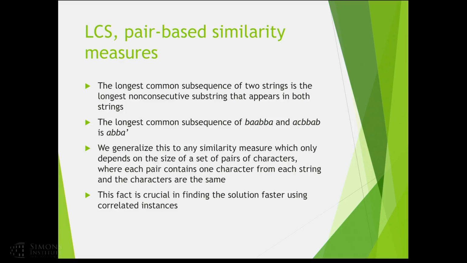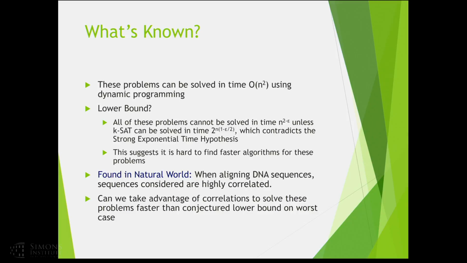And we also look at a generalization where we consider the solution is a set of pairs and a number, which is the value of this set of pairs. We want problems where this value is only determined by the size of the set of pairs in some sense. And you'll see why this is important later on.